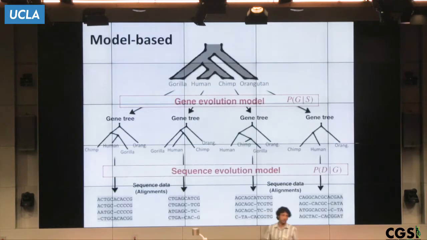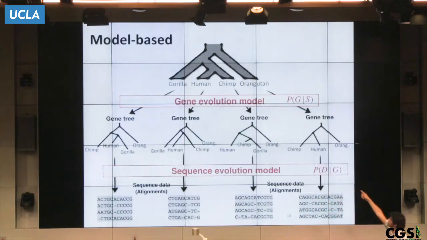Okay, so actually let's get to the model-based stuff. If you're not doing parsimony, you're doing statistical models, and the statistical models used in this field all follow this hierarchical approach. So it's a hierarchical statistical model. Your parameter, you can call it the hyperparameter here, is the species tree.